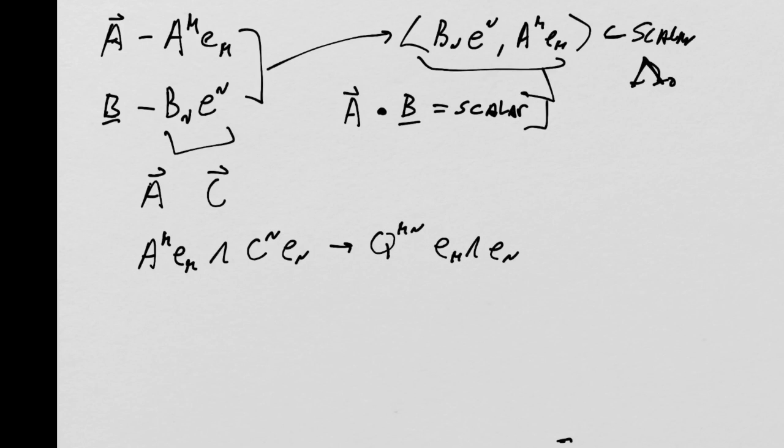So I can wedge product things together. So here I've used the dual state space mapping operation, and here I've used the wedge product operation.